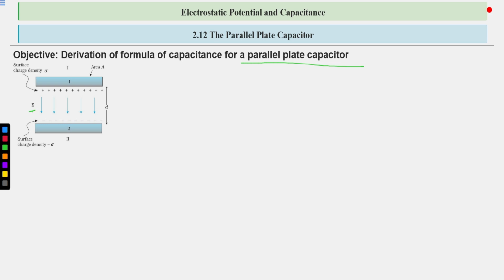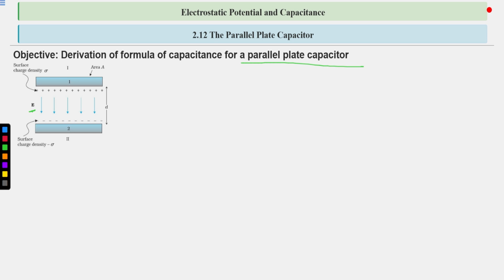So we know that from a plate or from a sheet, what is the electric field? As we have discussed in Gauss law, there is a uniform electric field. So uniform electric field from the sheet and from the plate.